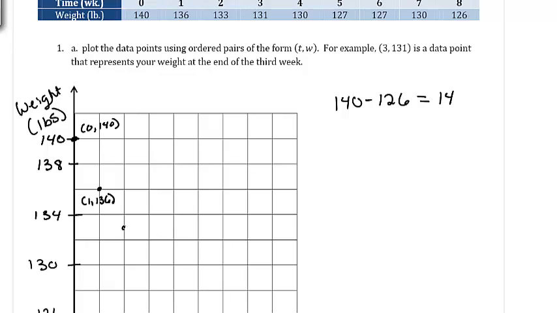And then at time t equals 3, we have 3, 131. So that'll be right there. And then we have 4, 130. And then we have 5, 127.